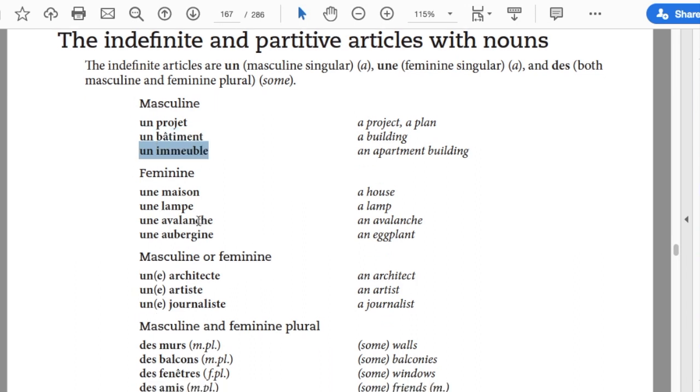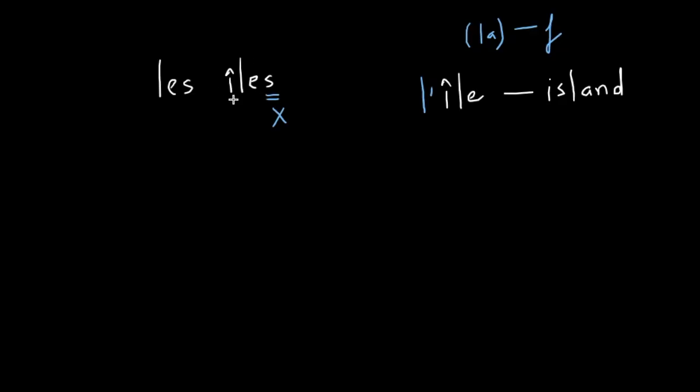Yeah, un immeuble. So that is called liaison, but this is a plural form, and the definite article becomes les. But what happens is, if you try to pronounce this, now French has one other concept called liaison. So they join the words when speaking. When writing, you will have to write it with a space.